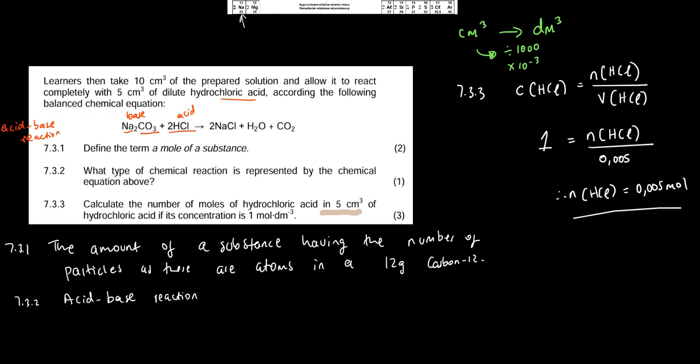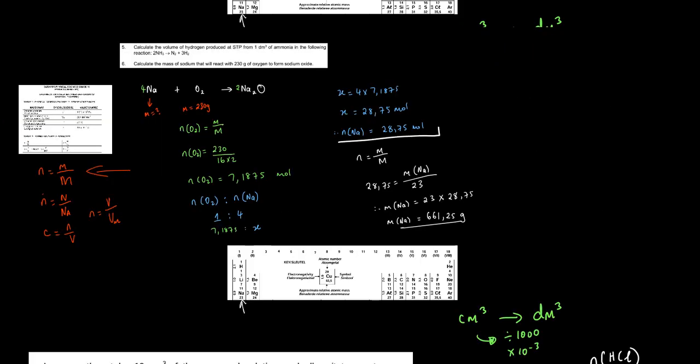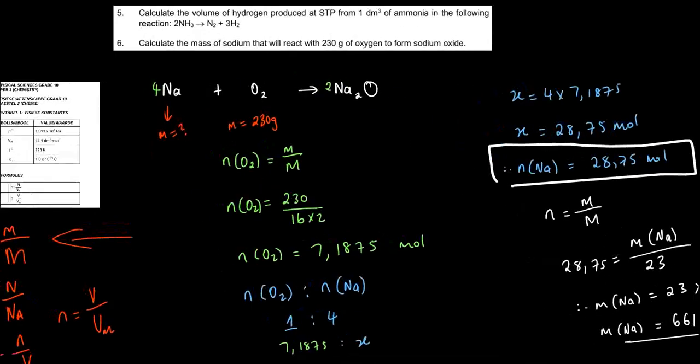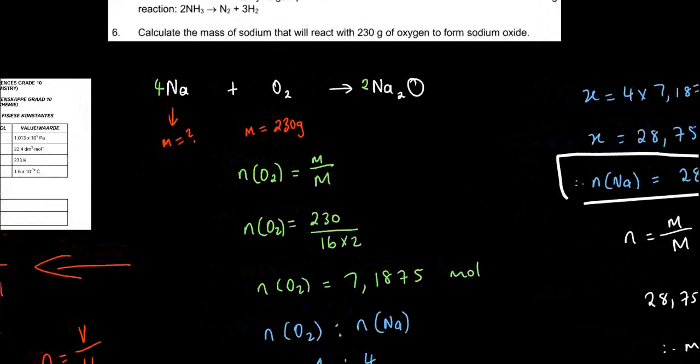Because what was the use of the 3-step procedure anyway? The procedure was to get the number of moles of the one that was asked. Usually when they ask us, they tell us either its mass or anything else. They don't give us the number of moles of that thing that they are looking for. Here we needed the mass of sodium, but we didn't have its number of moles.